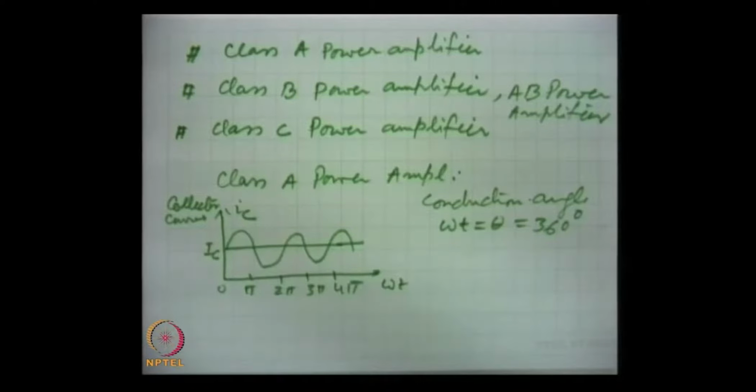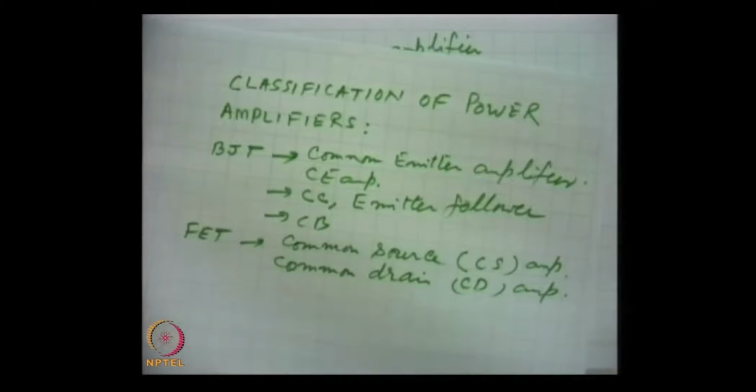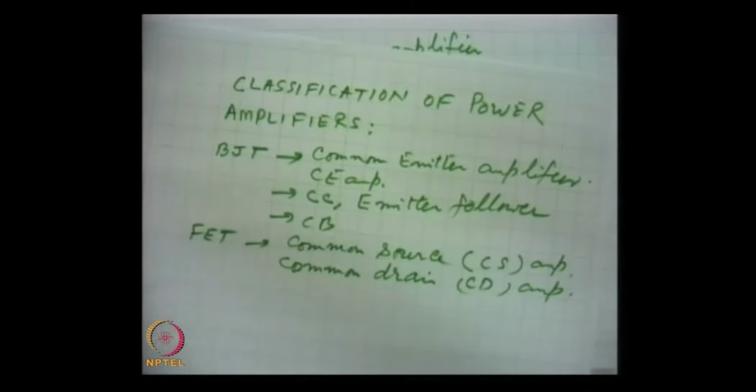This is class A operation or class A power amplifier. Here conduction occurs even for all these transistors. In fact, these small signal amplifiers invariably operate in class A from this angle, but as I said, considerations will be entirely different.